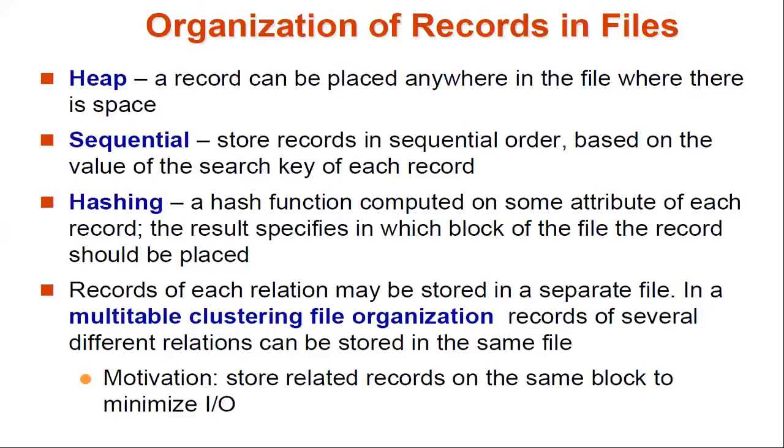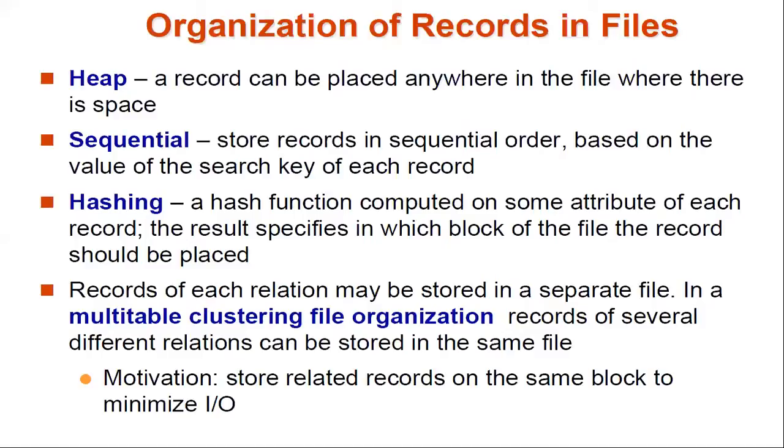That means when you have a table, in the table you'll be having records, and the records of your relation can be saved in separate files. For example, record 1 can be saved in file 1, record 2 in file 2, record 3 in file 10, record 4 in file 20, something like that.